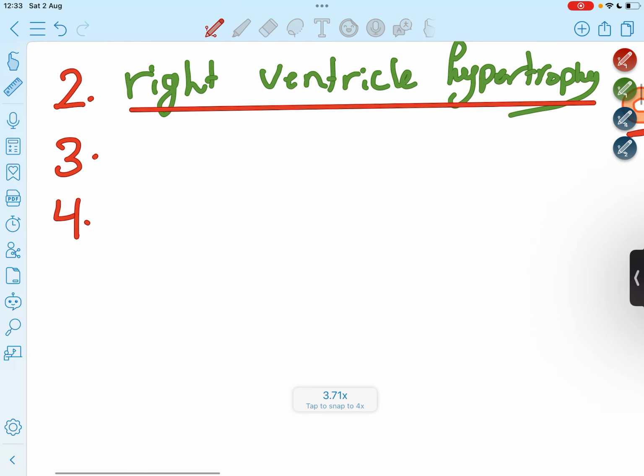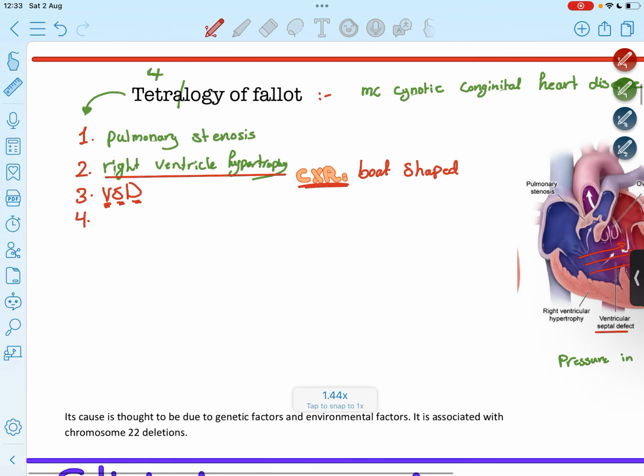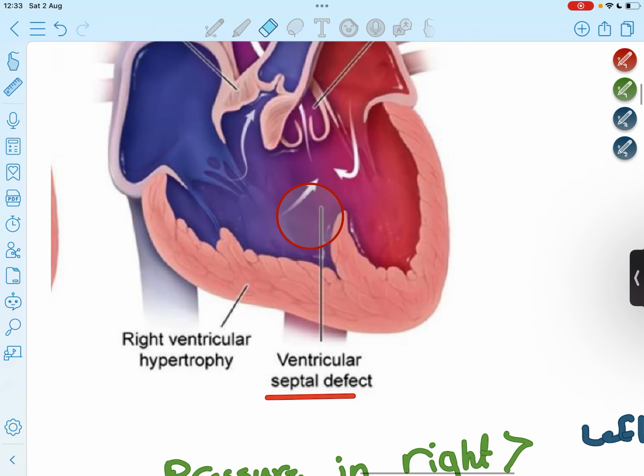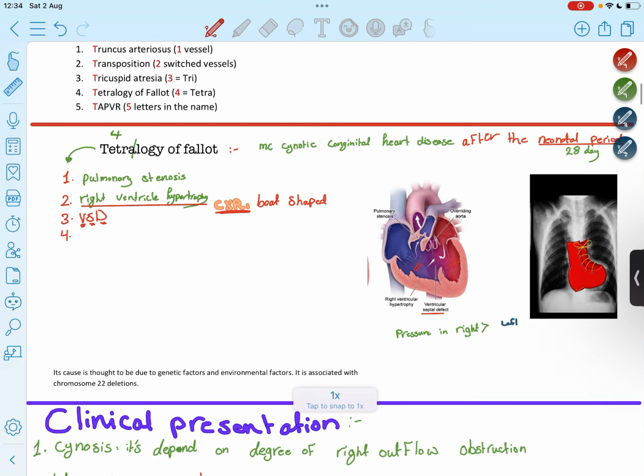The third anomaly is VSD, ventricular septal defect. Here is the ventricular septal defect. It means that there is a defect in the septum between the right ventricle and the left ventricle.